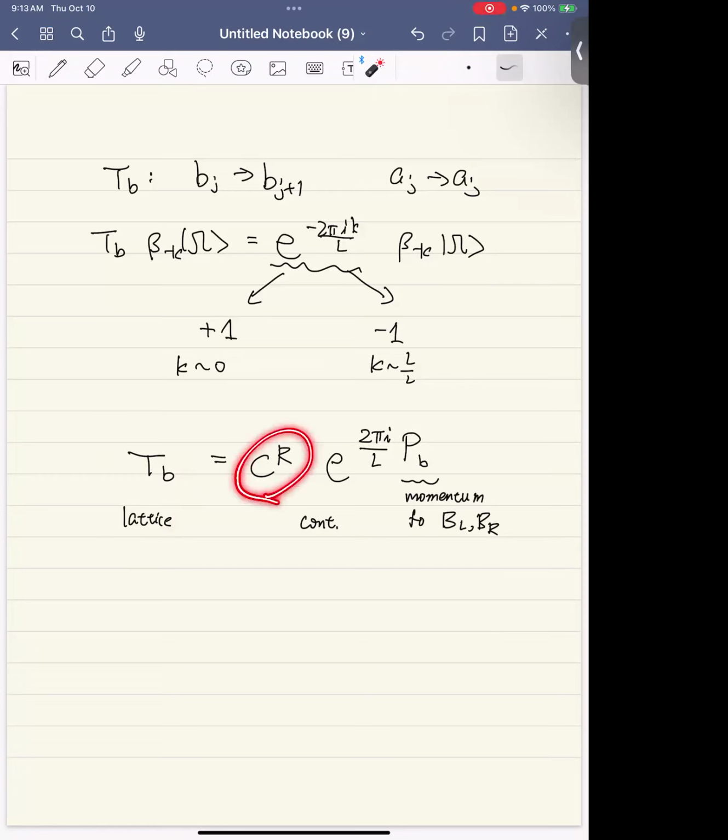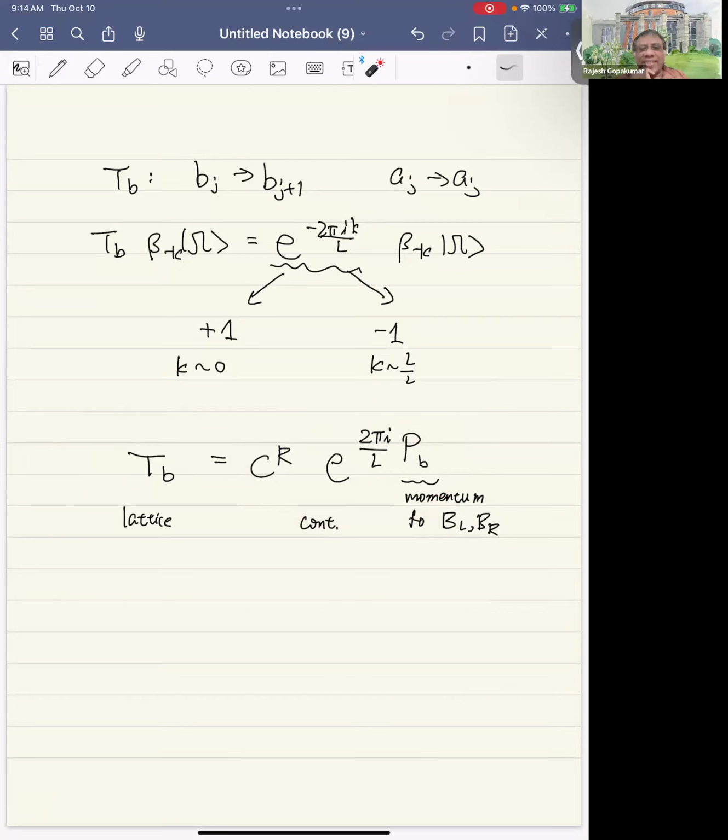On the right, you have two continuum operators. And the statement that this is an exact equality is on the low-lying states. You pick, say, the first 20 states in your lattice Hamiltonian, and you send L to infinity. In that limit, it's meaningful to compare those first 20 states on the lattice with 20 states in the continuum. And you can show that the way this lattice operator acts on these 20 states is exactly the same way this continuum operator acts on the corresponding 20 continuum states. So this is the precise equality behind it.